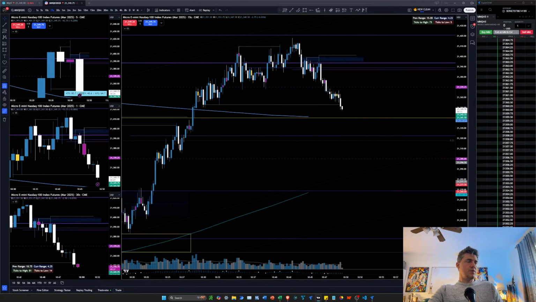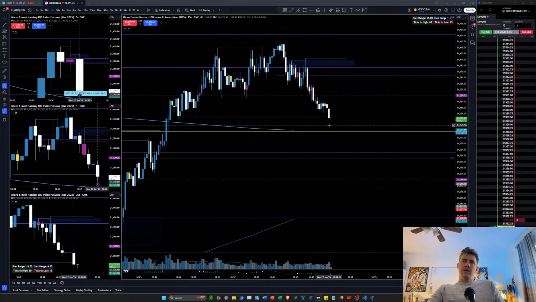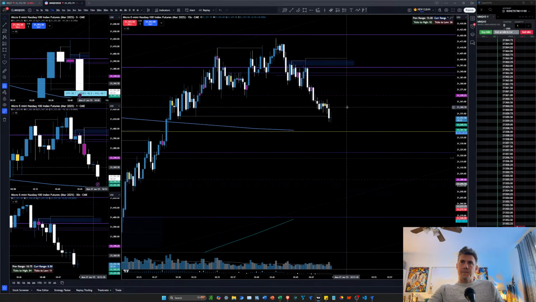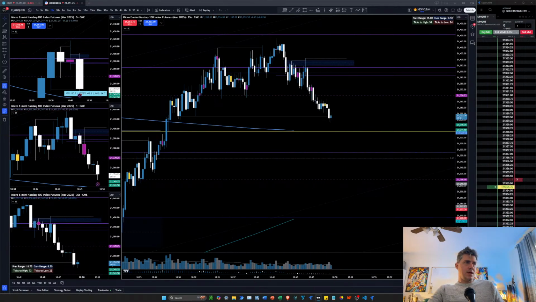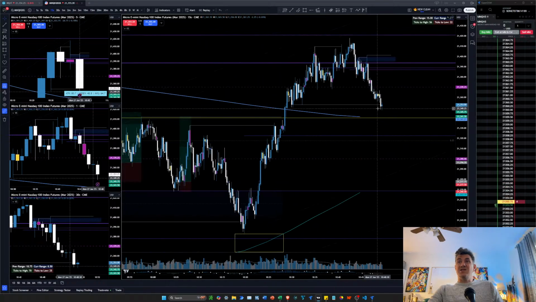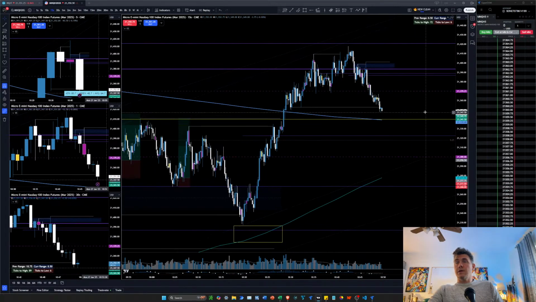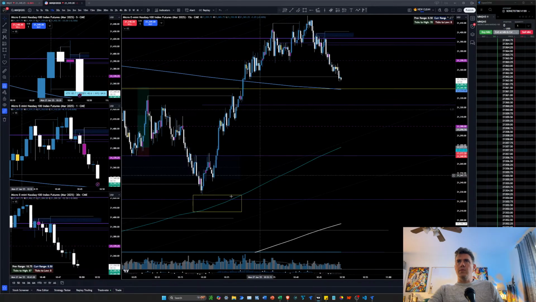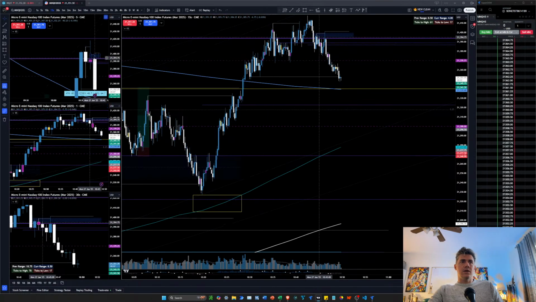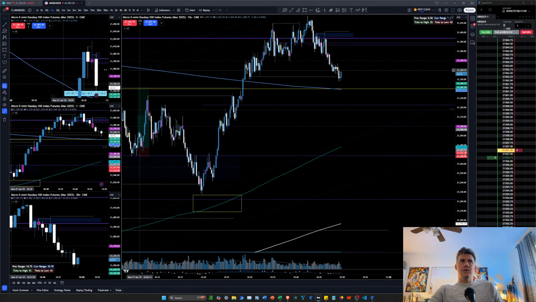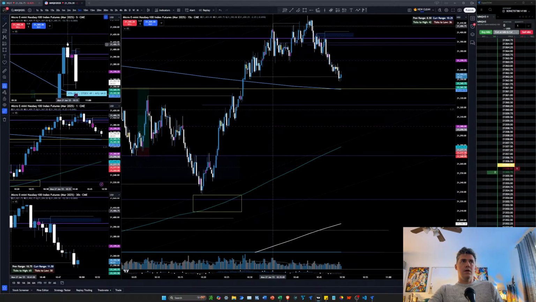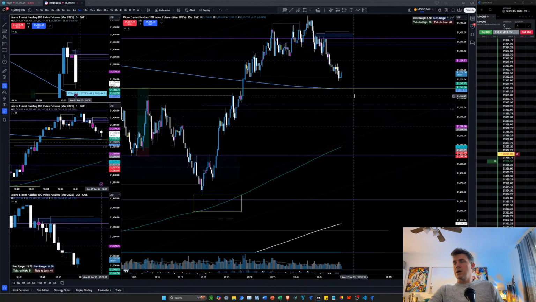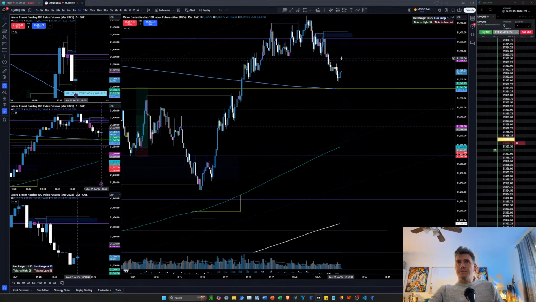Let's see here, pulling back to the 200, value area high. Kind of expect price to just really roll over here. There's no pullback here. That 5-minute reversal candle up here, boom, doing its job.